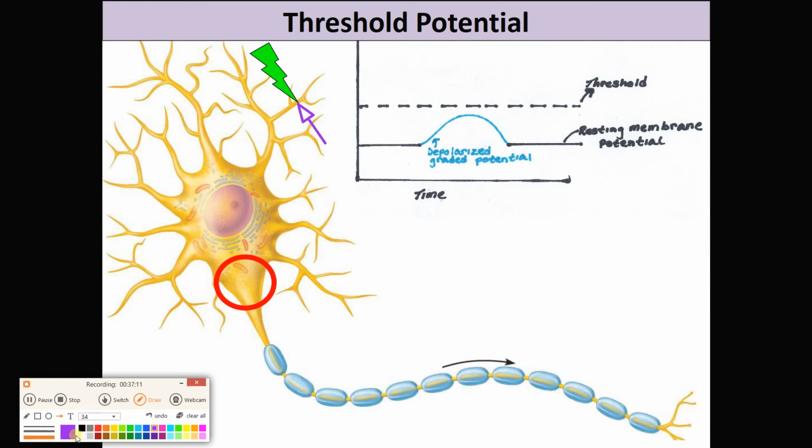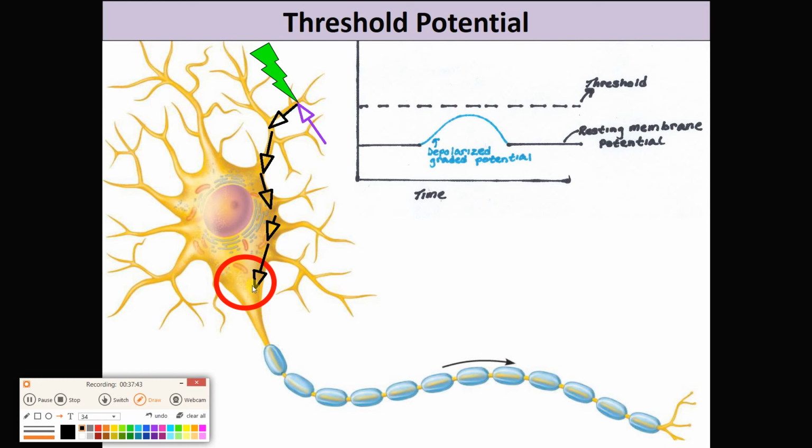That depolarization is not going to stay put. That depolarization is going to travel. The depolarization will travel and travel. It'll travel down the dendrite, down the soma, and it'll get to the axon hillock. So, if I depolarize my dendrite, I am probably going to depolarize my axon hillock.